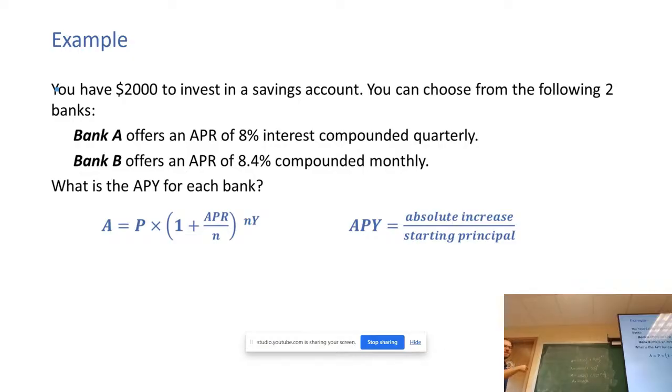Yep, so that's figuring out the final balance there. But APY is the absolute increase.